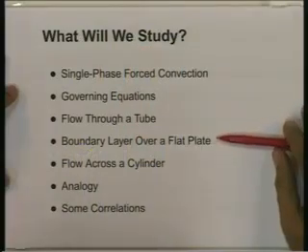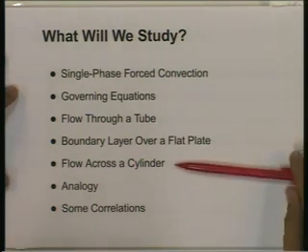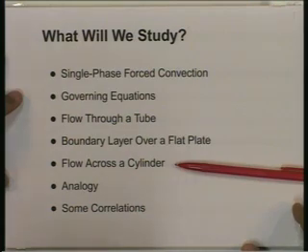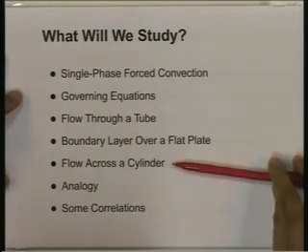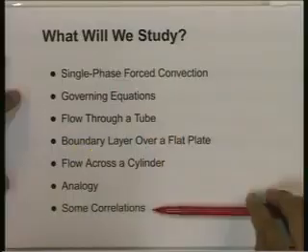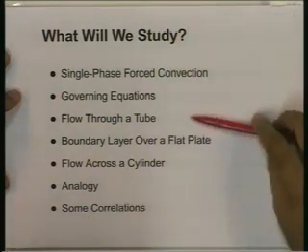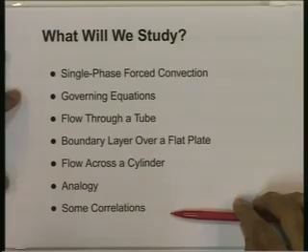Then boundary layer over a flat plate, a basic case of external flow, and flow across a cylinder, which also is a basic case of external flow. Whenever appropriate, we will be looking at the analogy principles, analogy between fluid flow and heat transfer, and we will make ourselves conversant with some correlations for these situations and maybe for some slightly different situations.